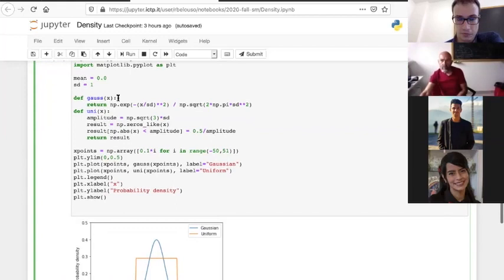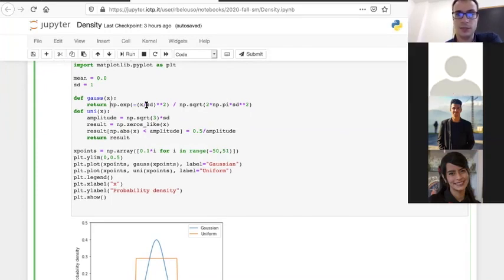Then I define a function I call Gauss that takes an argument x and returns the probability density of the Gaussian distribution. So np.exp calls the exponentiation function to the base e. Inside we have x divided by the standard deviation, raised to the power 2, with a minus sign in front of the square.